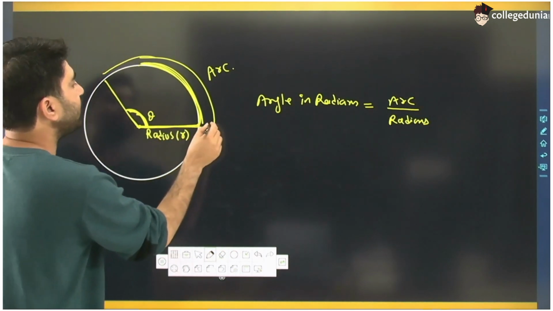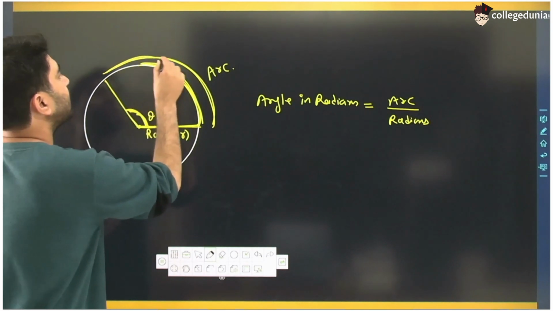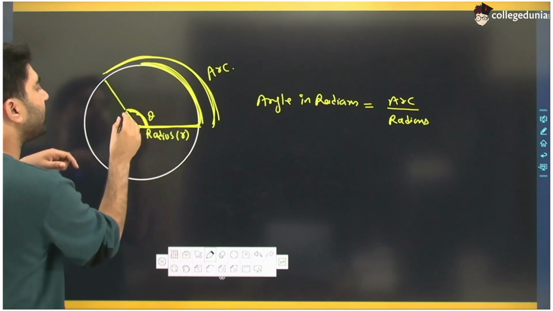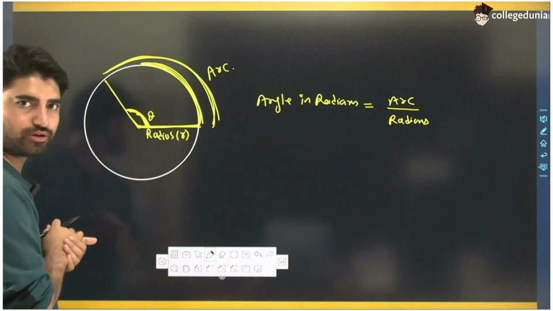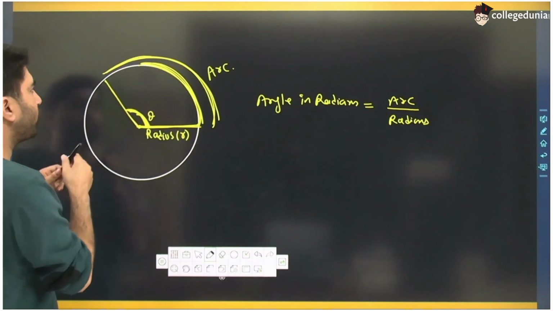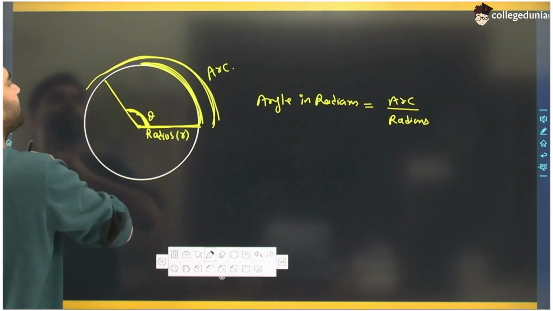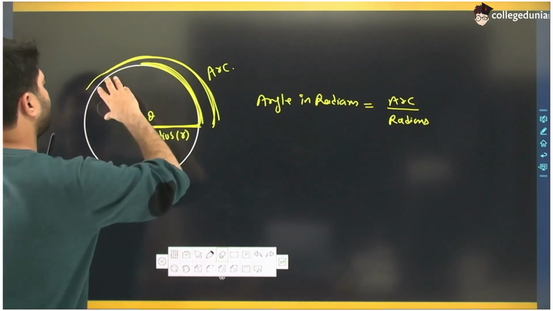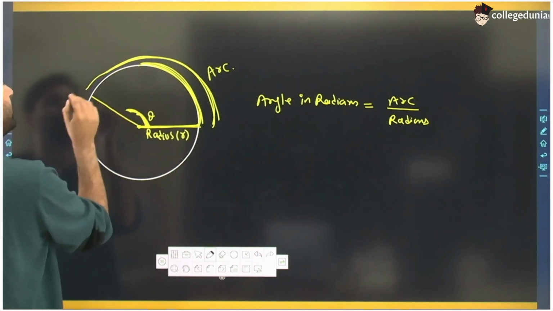So if we increase the arc, then the angle at the center will also be increased. Let's increase the arc a little bit more, let's bring it here. As a result, the angle will also be increased.